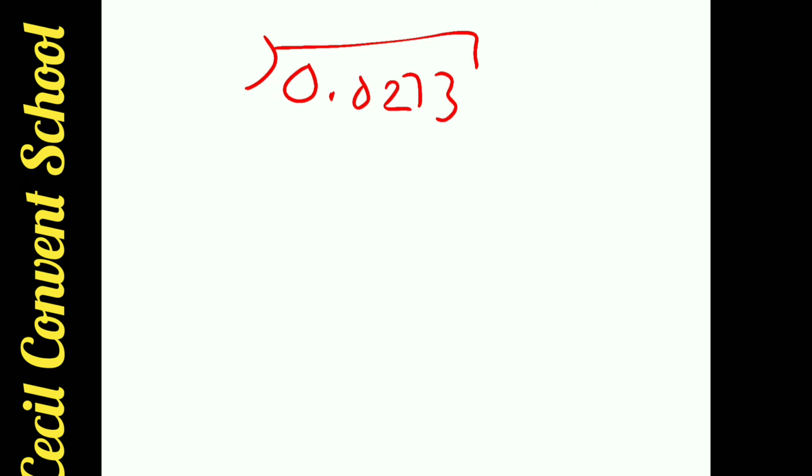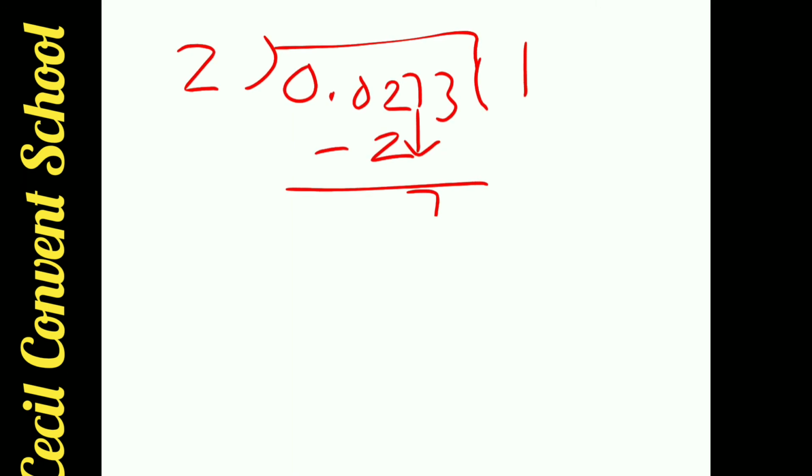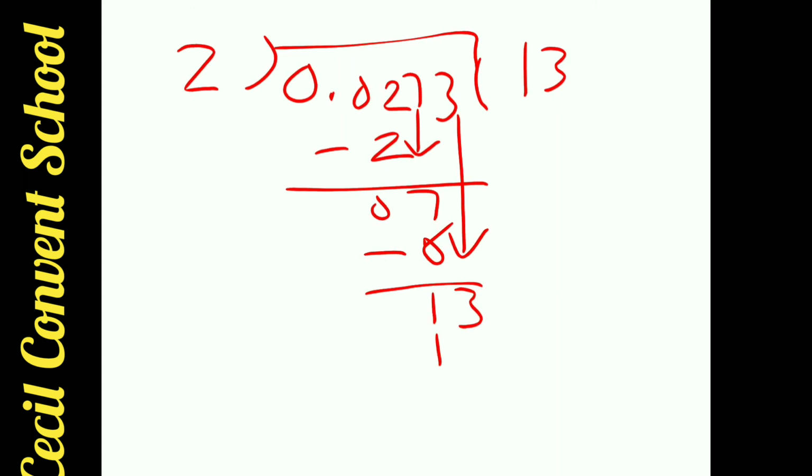Clear? So 0.0273 when you divide by 2, firstly you will divide the number, 2 ones are 2, 0 come, now you take 7 down, 2 3s are 6, minus it, answer comes 1, now 3 come down, 2 6s are 12, now 1 come.